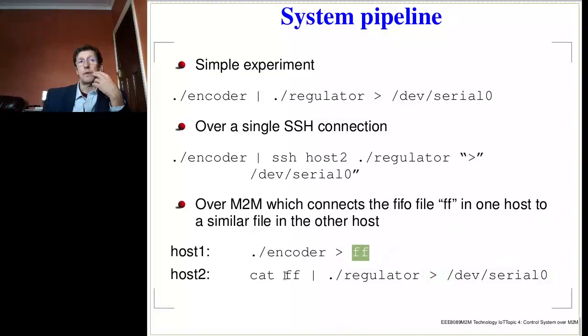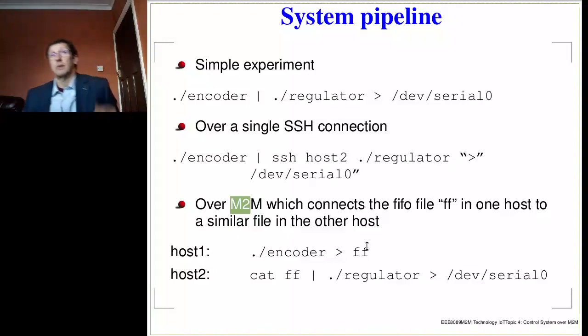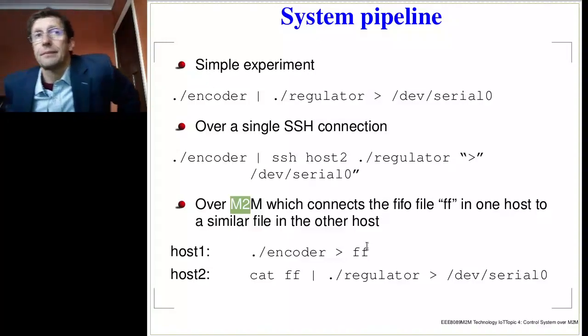And between this FF and this FF, we see they are in different hosts. We need to execute this kind of machine-to-machine mapping. Remember we discussed this, how to map a pipeline from one machine to the other. It was in the lecture about secure shell.